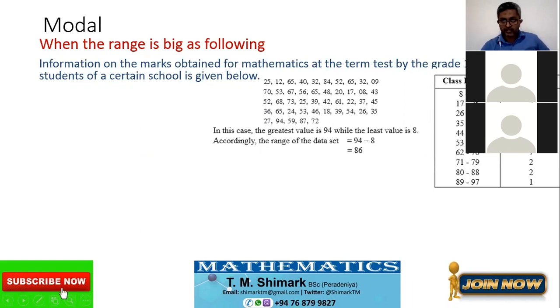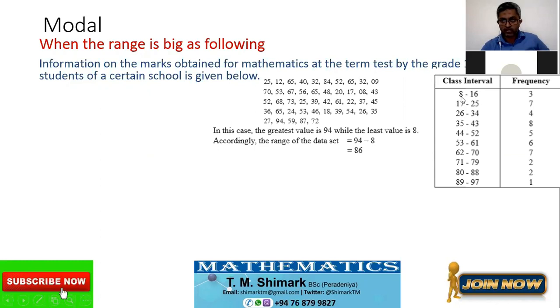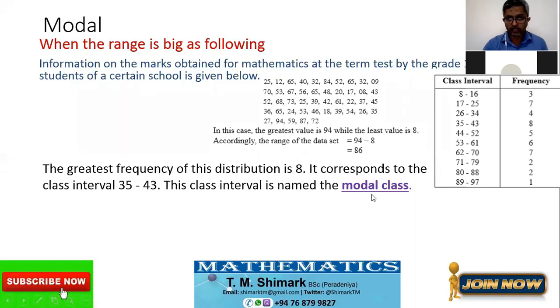They started using class intervals of a constant size. We also have something called the modal class. The modal class is the class with the highest frequency. Here 8 is the maximum frequency, the most repeated, for 35 to 43 marks.